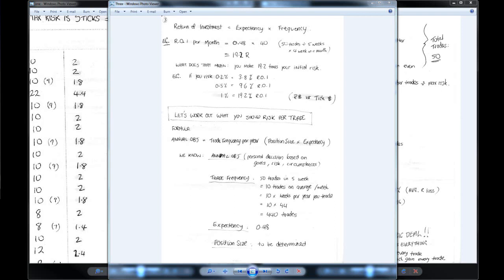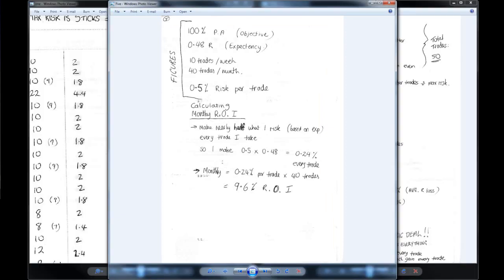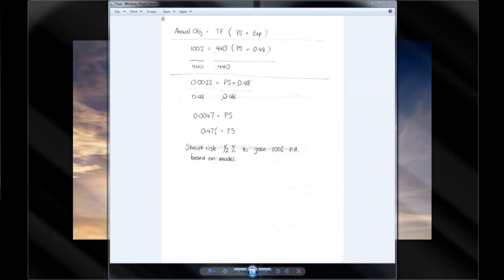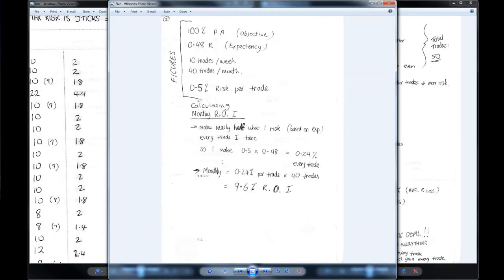Okay, so let me go back to where we were. Sorry, let me find it. Here. So I make 0.5. That's what I risk per trade. I'm risking 0.5%. I want to multiply that by my expectancy, and that gives me 0.24% every trade I take.